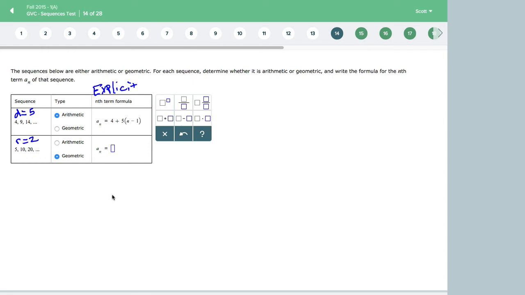Now here, geometric looks slightly different, but it's still pretty much the same. a sub n equals a sub 1, which is 5, and then parentheses r raised to the n minus 1.